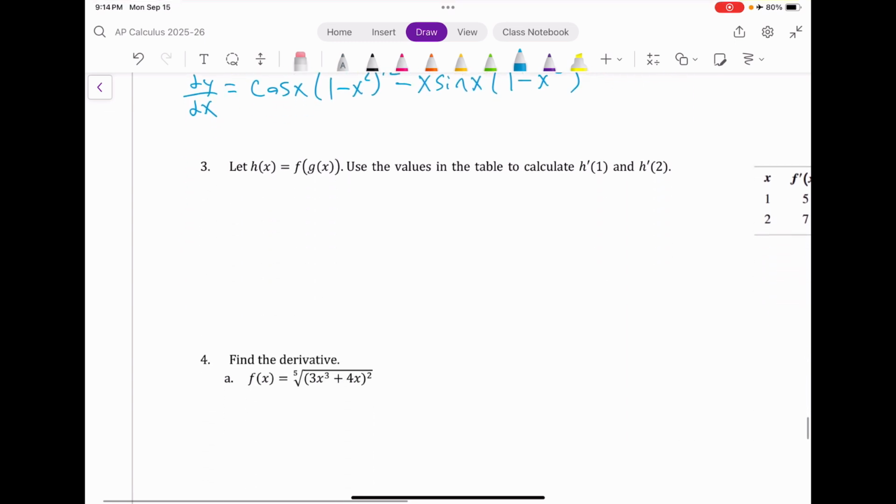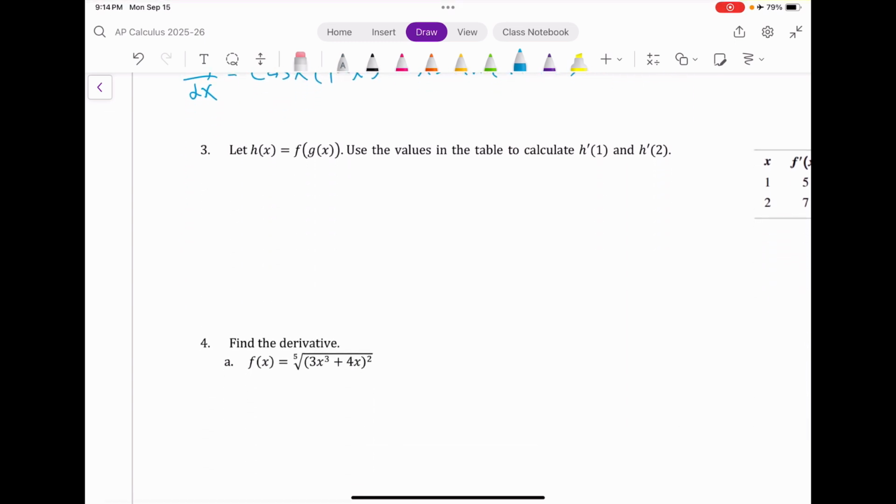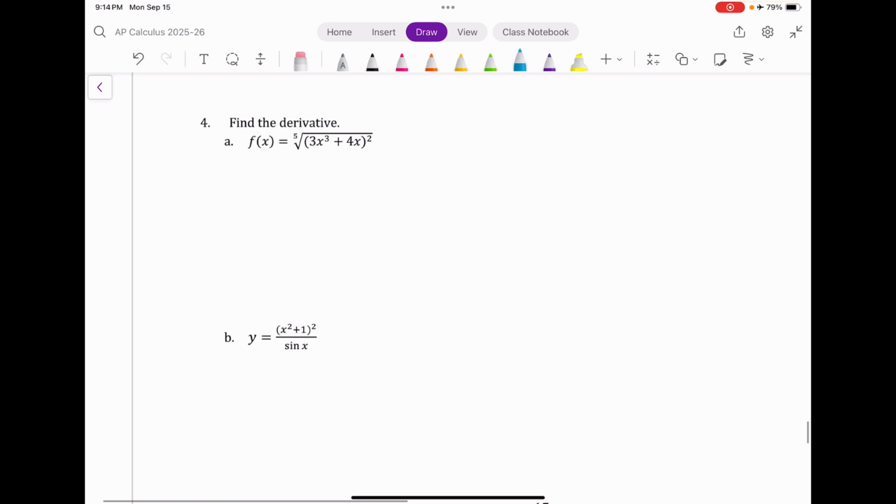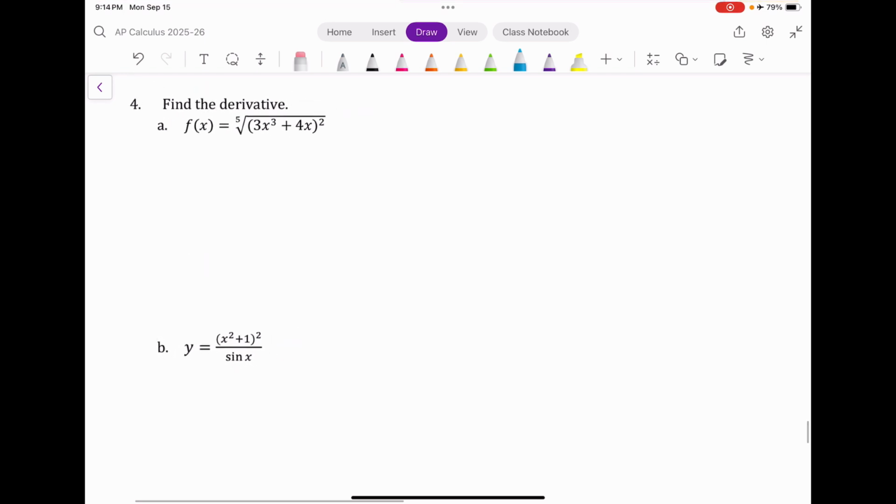Okay, I'm going to skip around. I'm going to skip 3. We'll work next time more with tables and finding the derivatives. Let's do 4a. Okay, so we see a root, so we want to rewrite this to have an exponent. So 3x cubed plus 4x all to the 2/5 power. Okay, so we'll have to use the chain rule here.